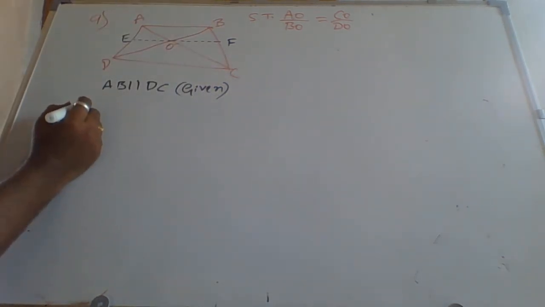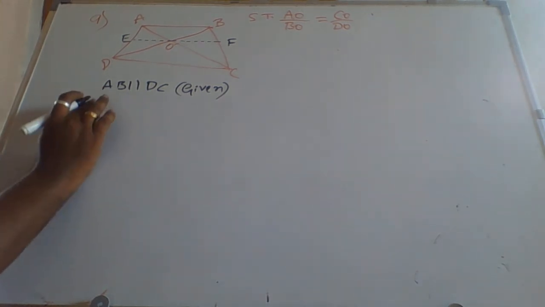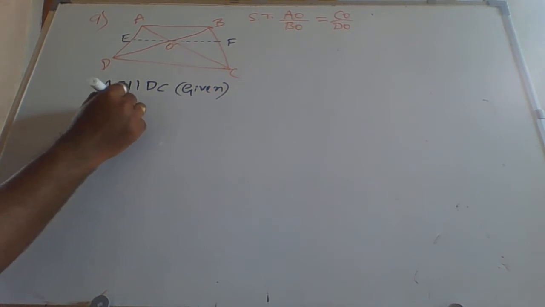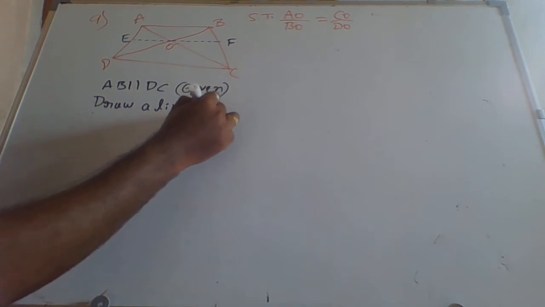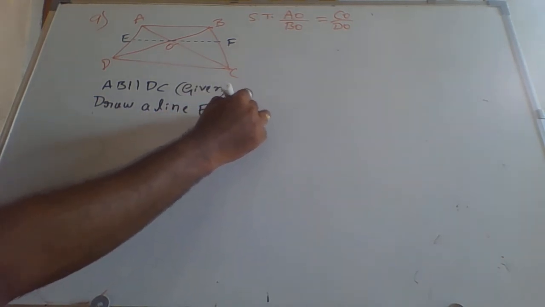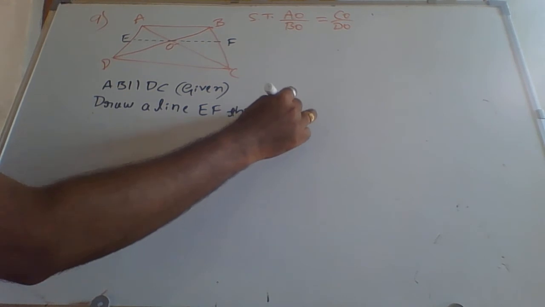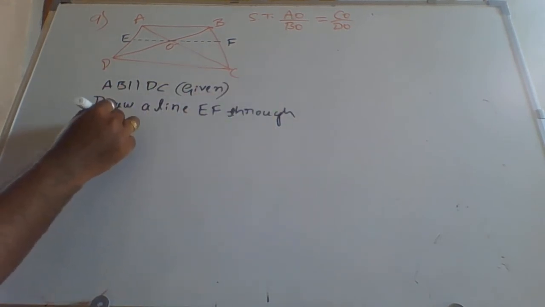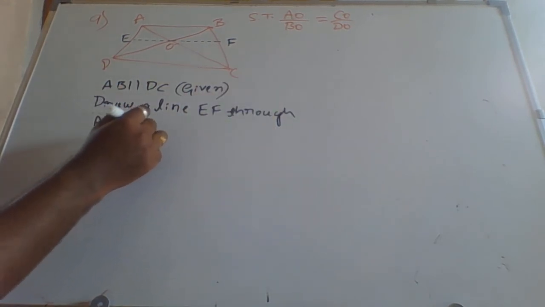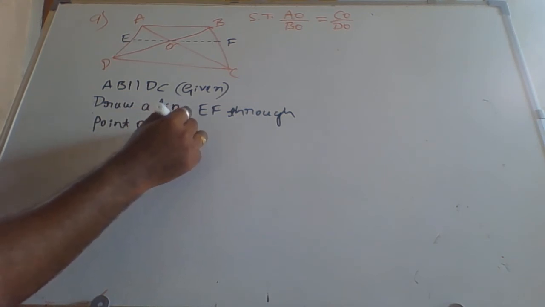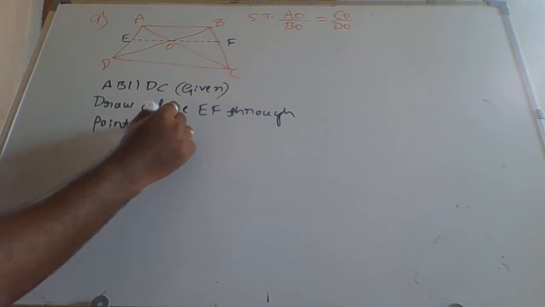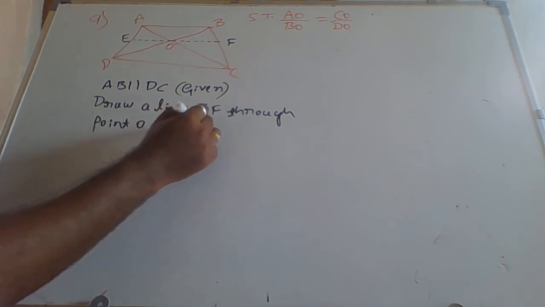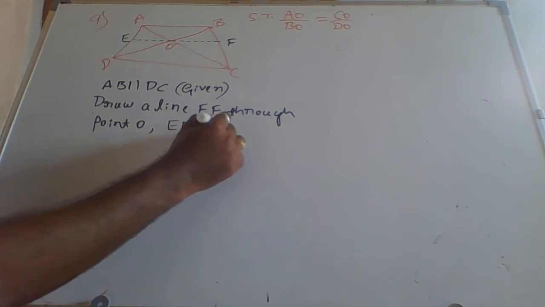Okay, here I will write: draw a line EF through point O, and this EF should be parallel to CD or DC.